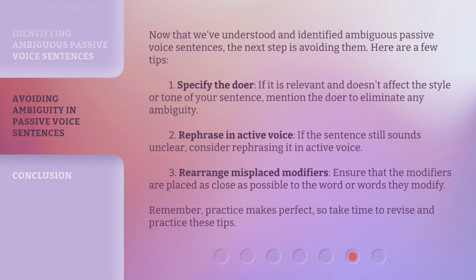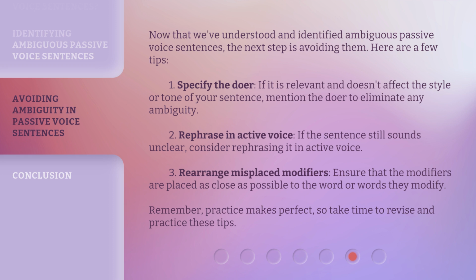Now that we've understood and identified ambiguous passive voice sentences, the next step is avoiding them. Here are a few tips. 1. Specify the doer. If it is relevant and doesn't affect the style or tone of your sentence, mention the doer to eliminate any ambiguity. 2. Rephrase in active voice.